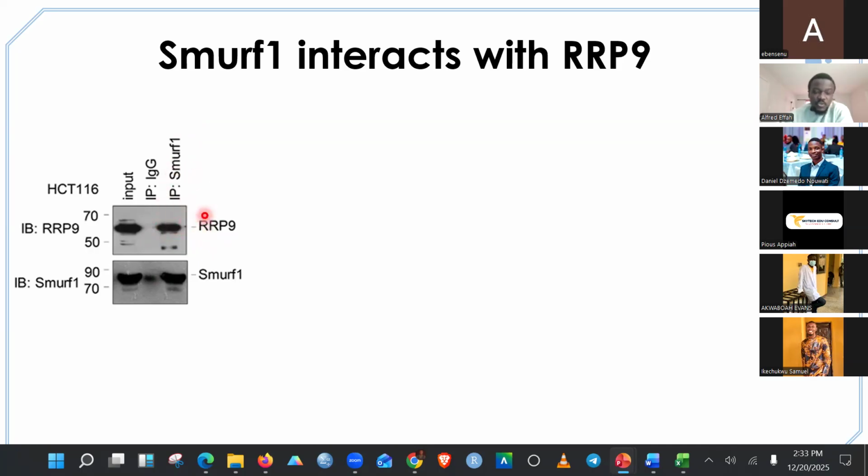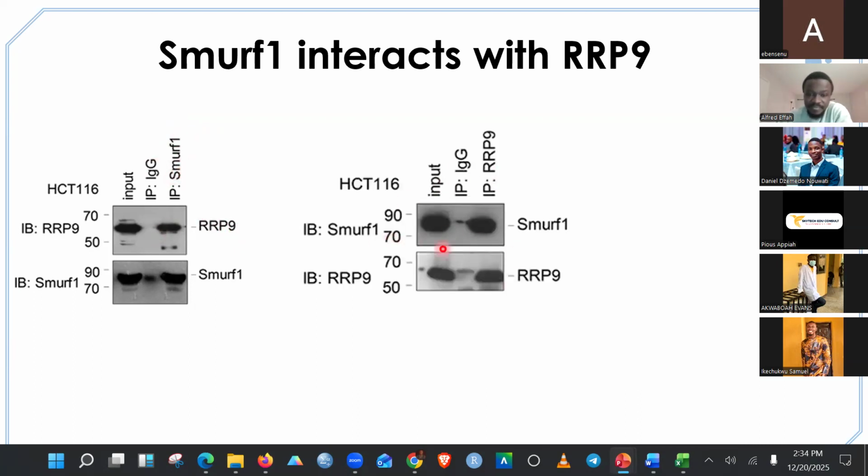They wanted to do what we call reciprocal co-IP. Reciprocal co-IP in the sense that instead of using antibodies against SMURF to see if RRP9 is there, why not do it the other way around? Let's use antibodies against RRP9 and then see if SMURF will be there. So that's what they did here.